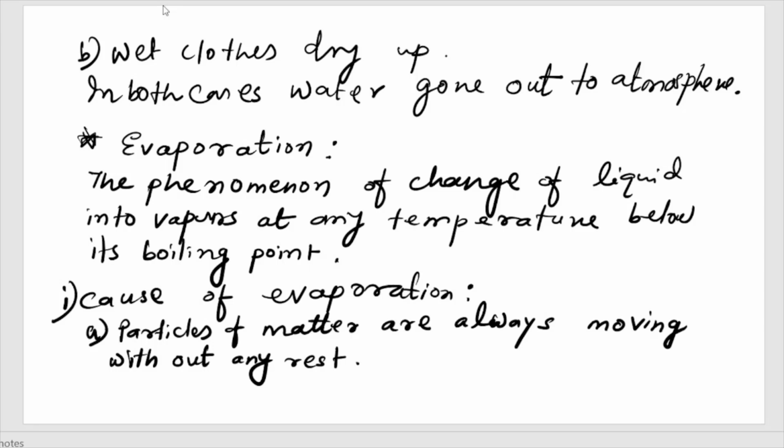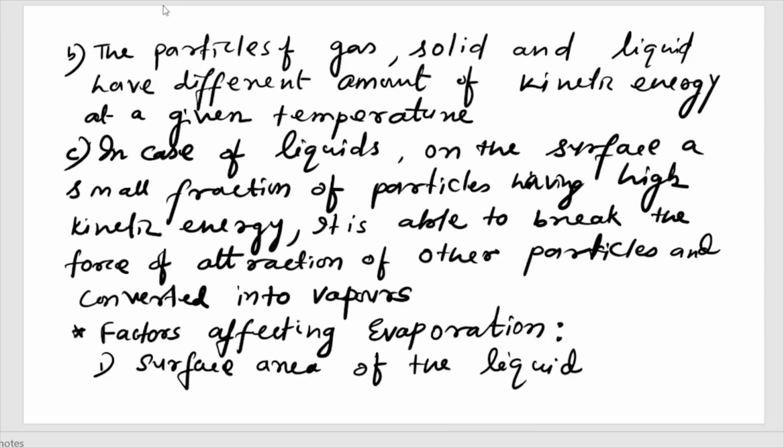Everywhere, every place, the particles of matter are moving, but in gas they move very fast without any rest. The particles of gas, solid and liquid have different amounts of kinetic energy. All states of matter have kinetic energy, but it is highest in gas.